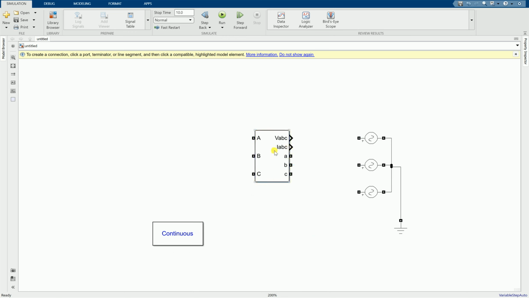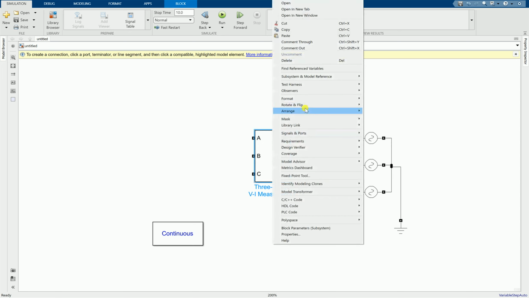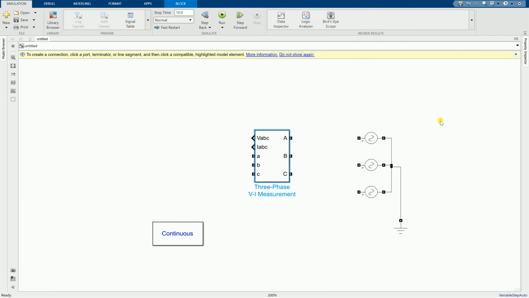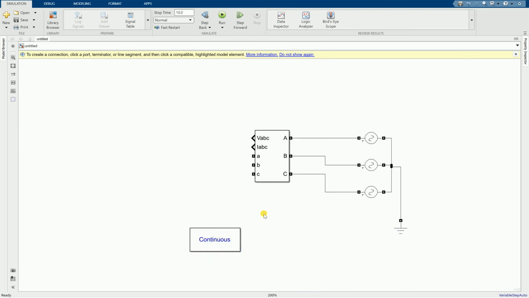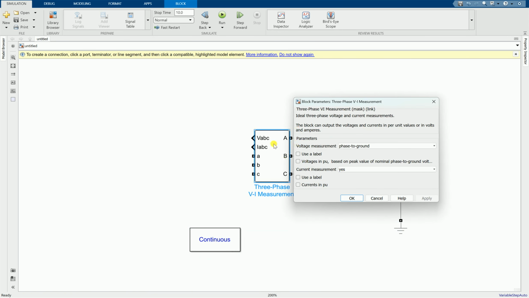Okay, so the input, we can rotate this one or flip it like this. Rotate and flip, left and right, like this. So this is the input. This is a three-phase measurement.